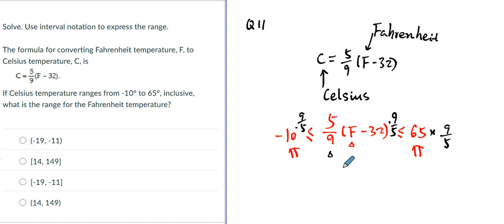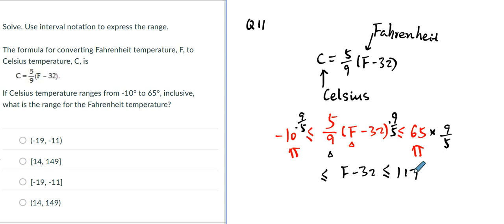So in the middle, you then have F minus 32 left. That's a nice number. And then 65 times 9/5. By using your calculator, you have 65 divided by 5 times 9. You hit enter. You have 117.